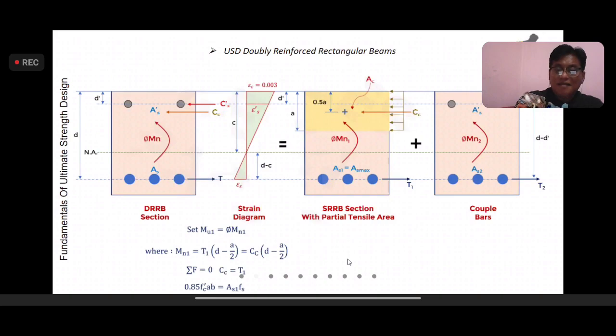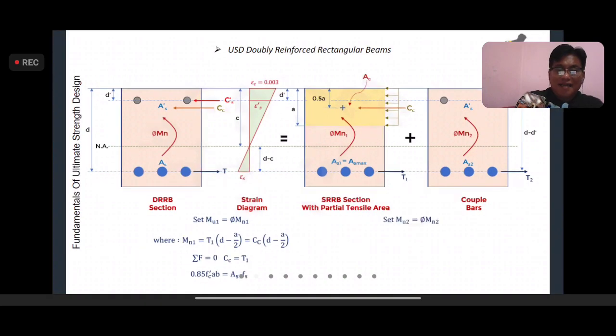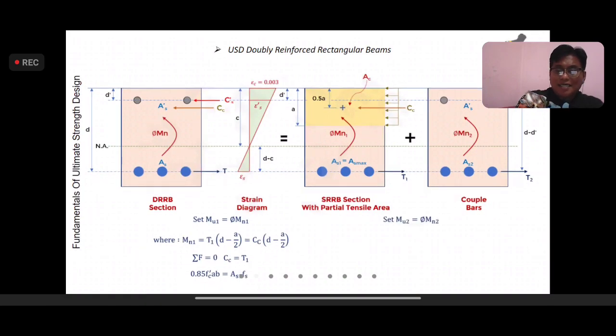And then we set Mu2 as equated to phi Mn2, and this will be equated to the yielding point or setup of Cs prime and T2, and this will be multiplied by the magnitude of d minus d prime.